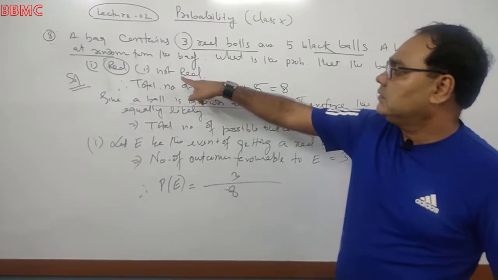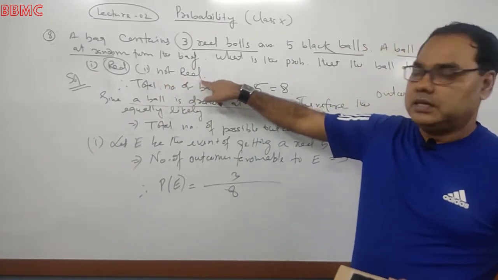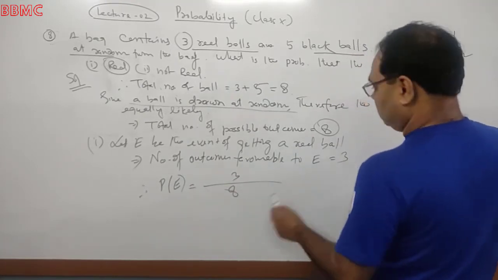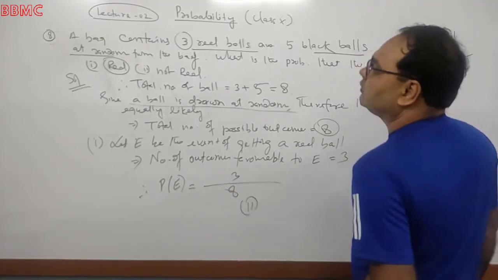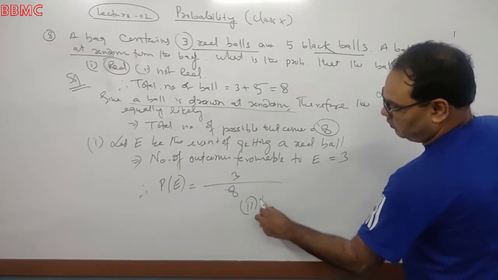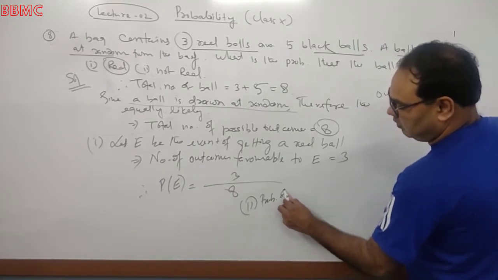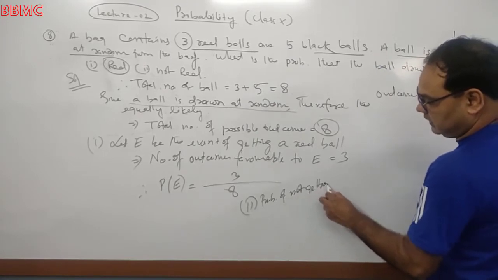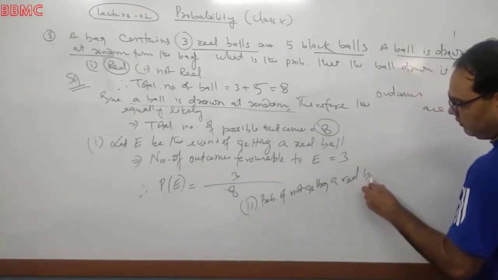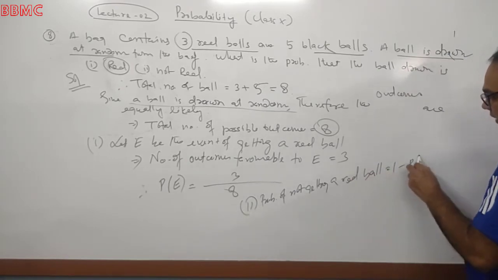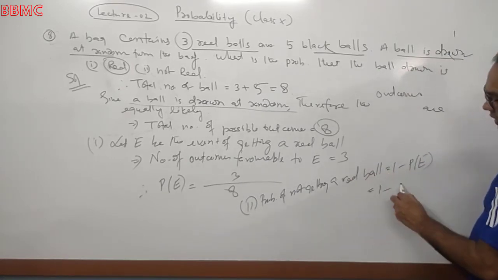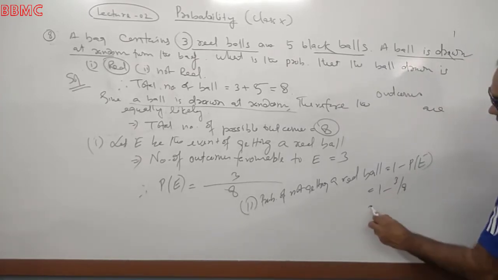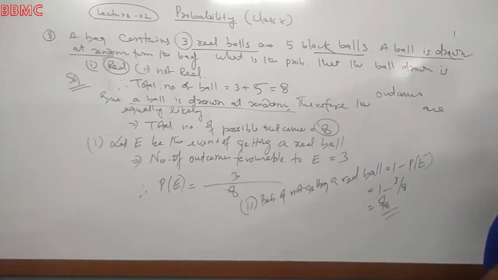Now number 2. What will be the number 2? Probability of not getting a red ball is equal to 1 minus P of E. 1 minus 3/8, that is 5/8.